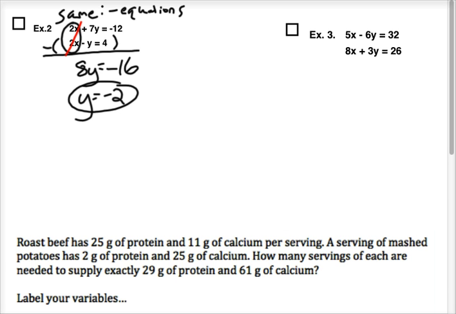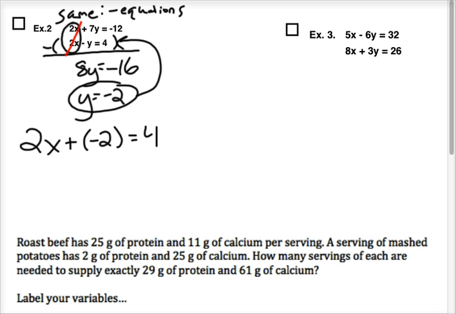And again, now we have to pick one of our equations to plug this into. And again, it doesn't matter which one that we choose. So I'm going to choose my bottom one this time to show you that that works too. So 2x minus y equals 4.